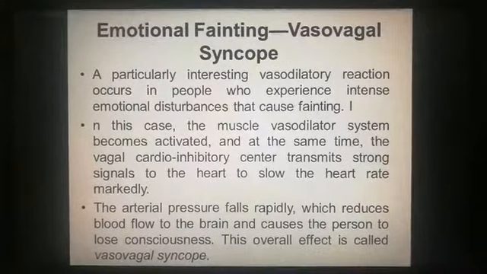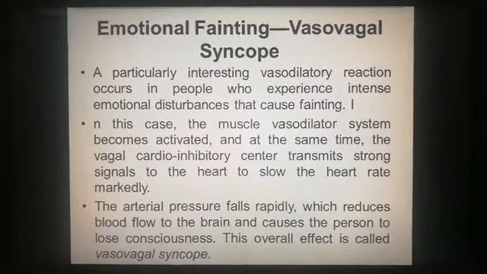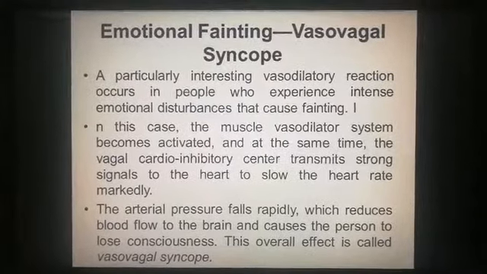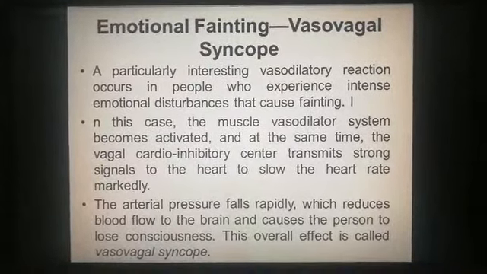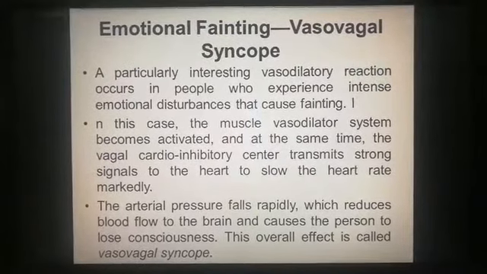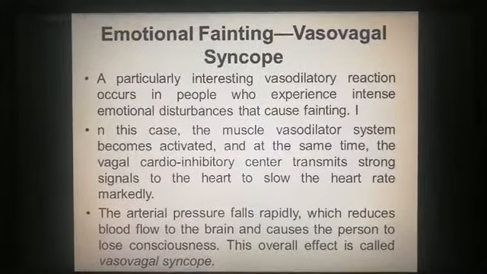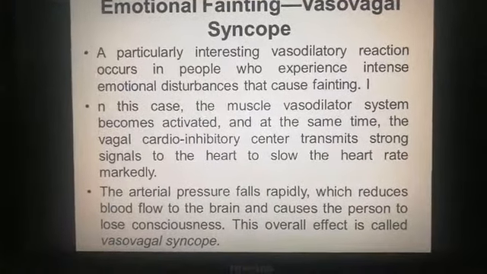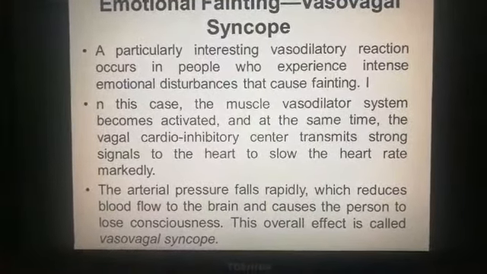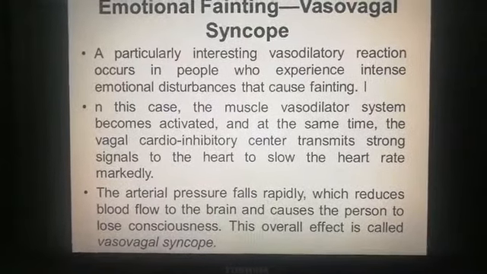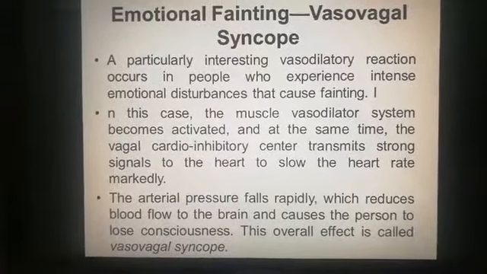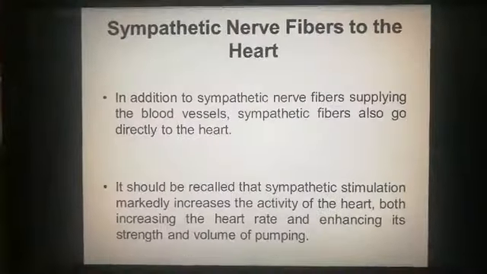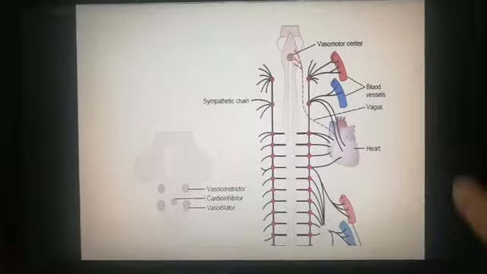In this case, the muscle vasodilator system becomes activated, and at the same time, the vagal cardioinhibitory center transmits strong signals to the heart to slow the heart rate markedly. You have studied in the previous slides the cardioinhibitory fibers of the vagus nerve.